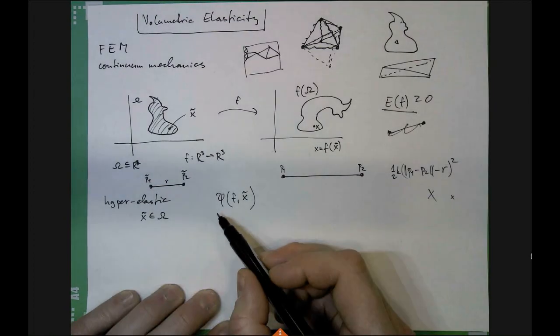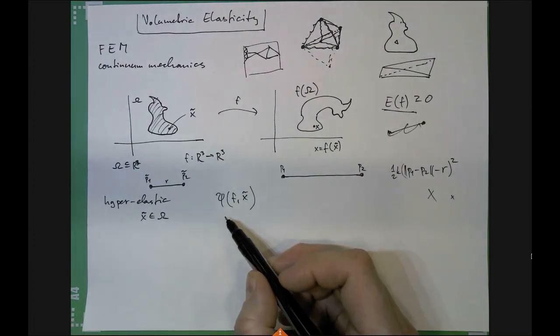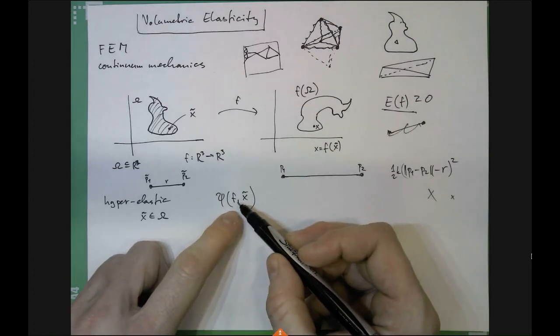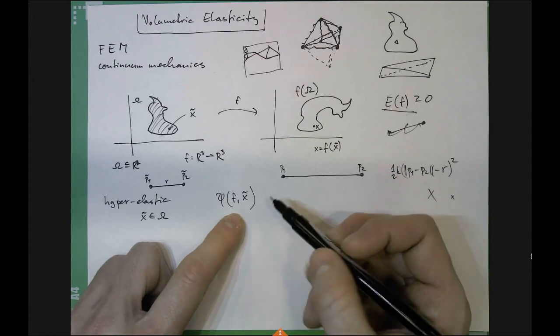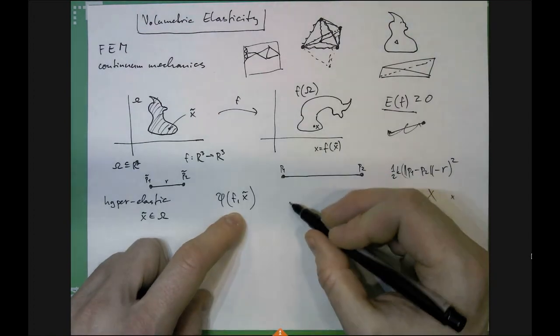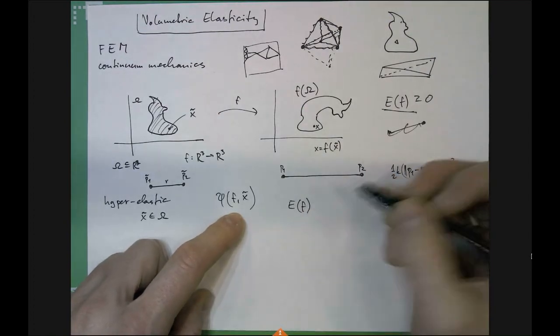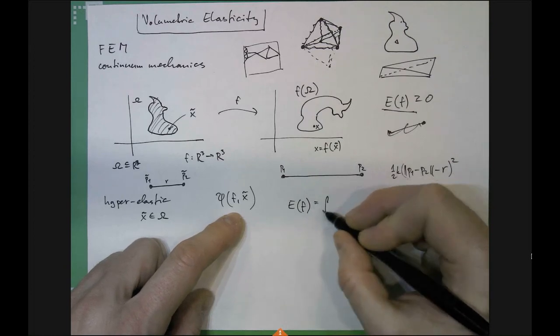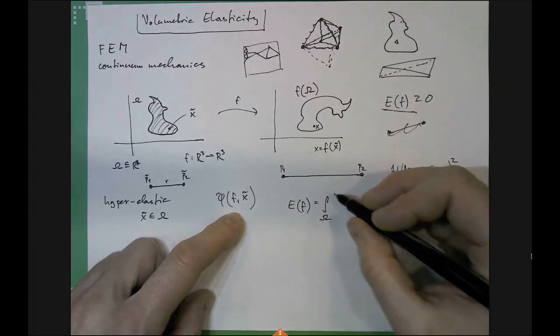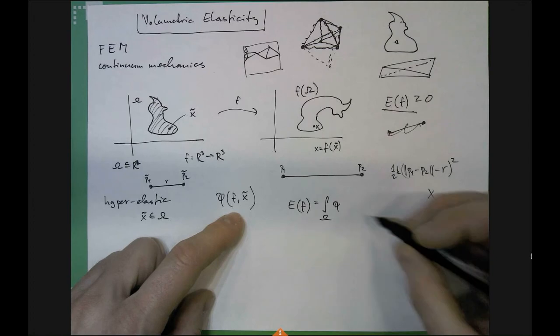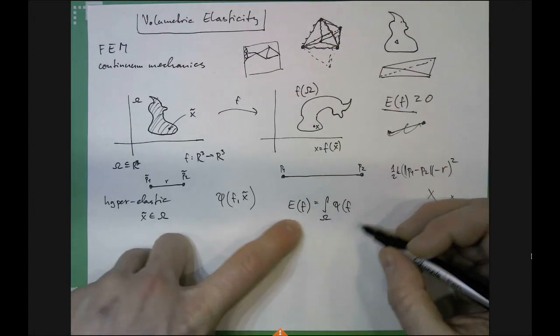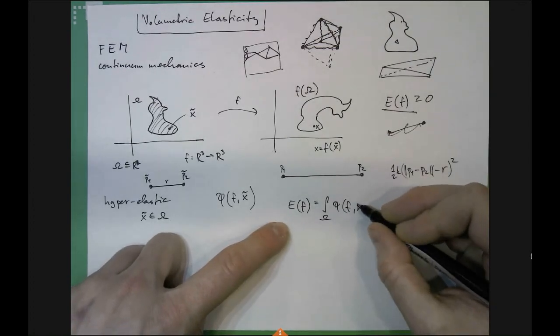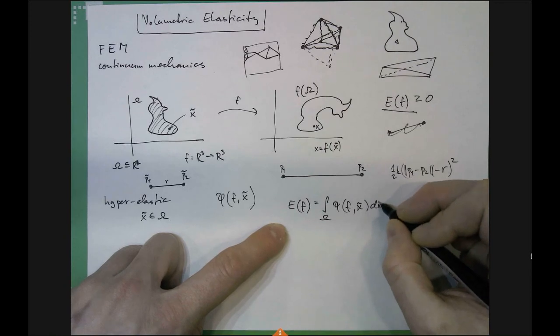So if somebody gives me this energy density function, this characterizes the deformation locally at every single point. So then to compute the deformation of the entire shape, what do I do? I integrate over the entire omega. So I integrate the energy density function for a given deformation f for all rest pose points dx.